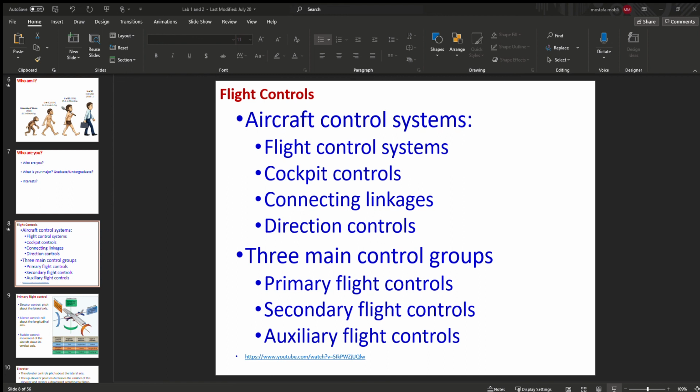So is there anyone who can tell me, and you can just write a comment in the comment area, what's gonna happen? What happens when one of the ailerons moves upward and the other one in the opposite direction moves downward? What will happen to the wing?